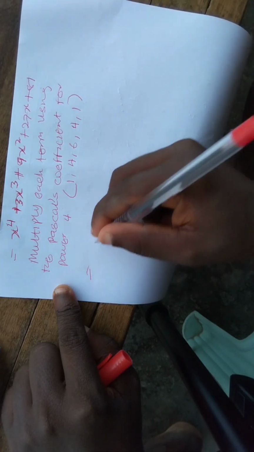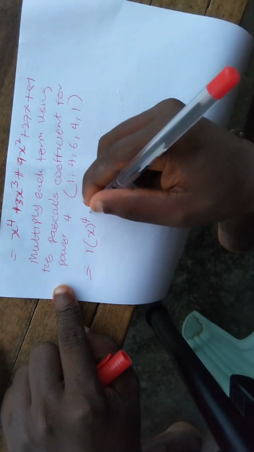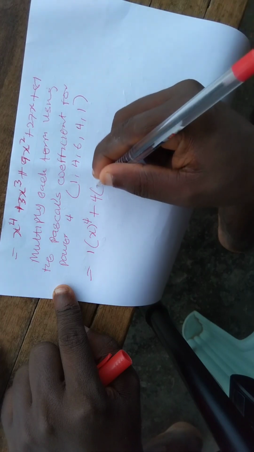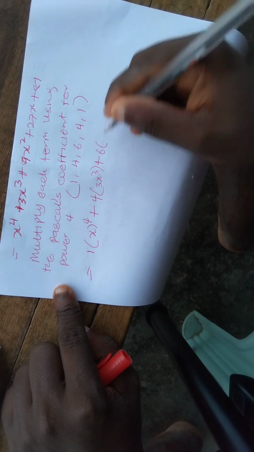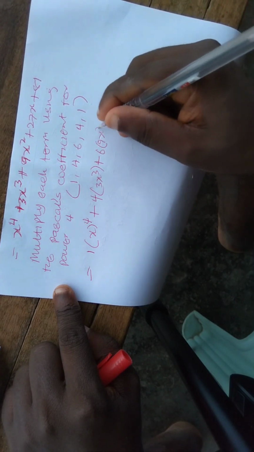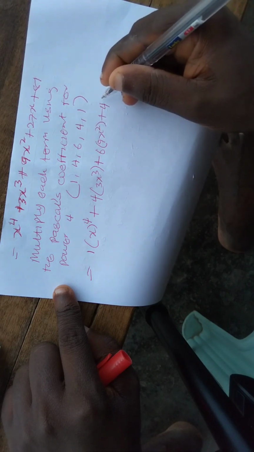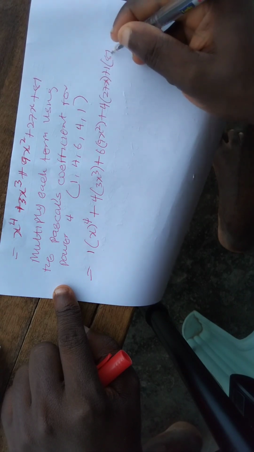So here will be equal to 1 x raised to power 4 plus 4 into 3x raised to power 3 plus 6 into 9x raised to power 2 plus 4 into 27x plus 81.